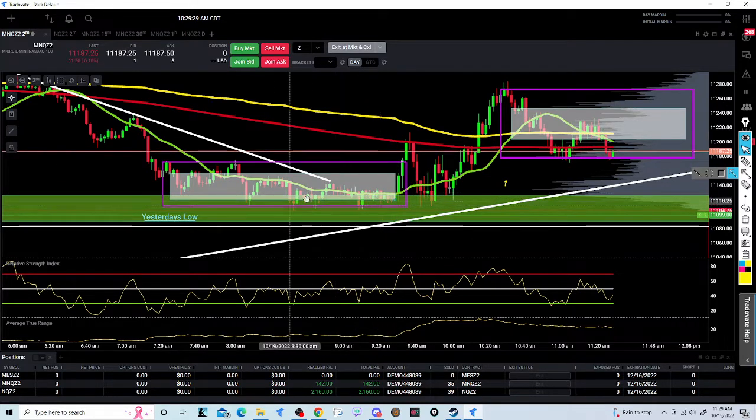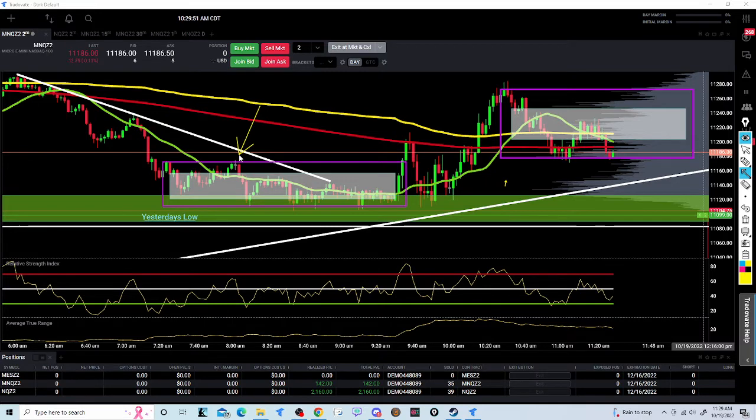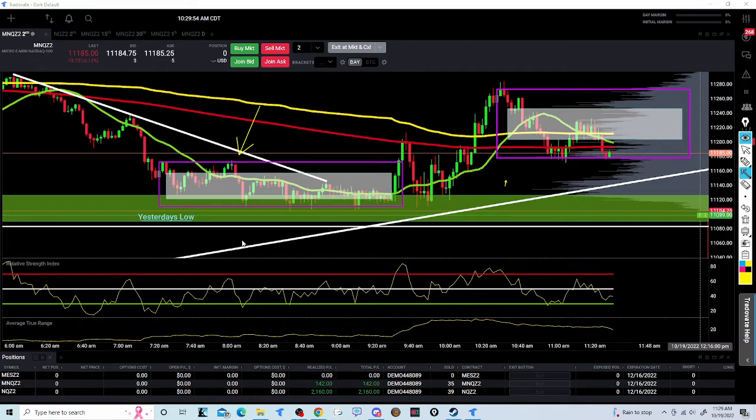Okay, now we have that no trade zone marked off of that range. So now when we trade the range, we're only looking to short it at the top and buy it at the bottom.